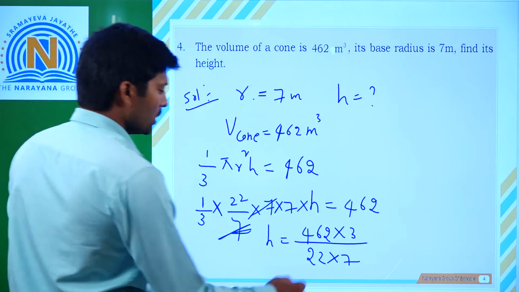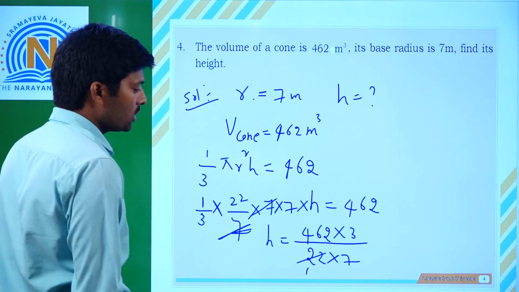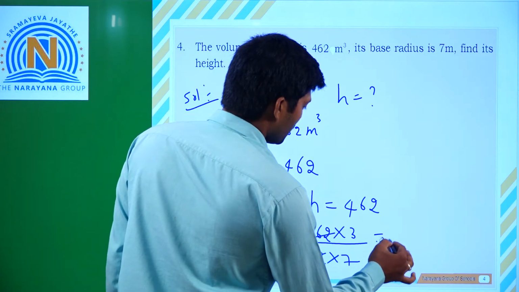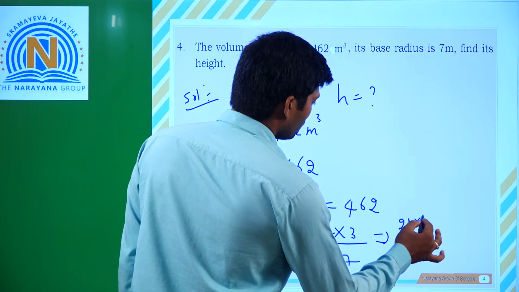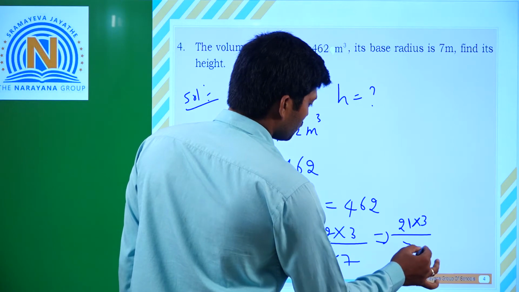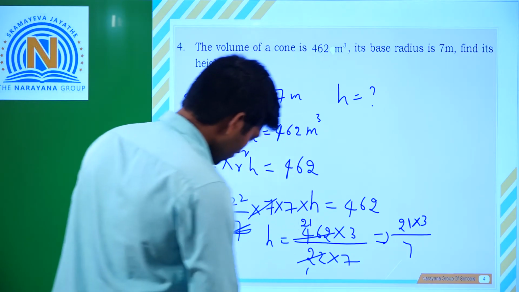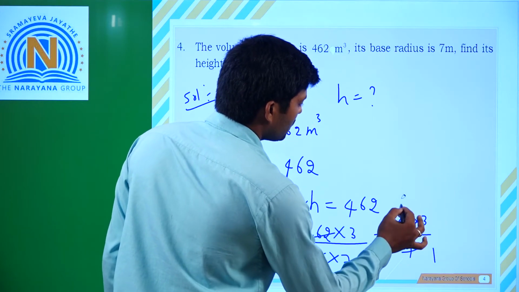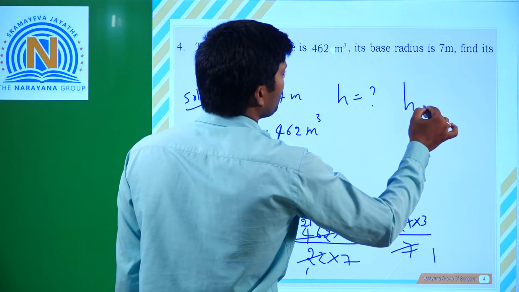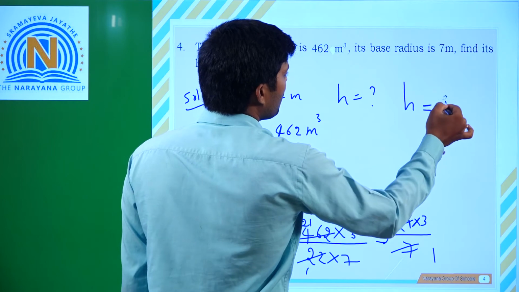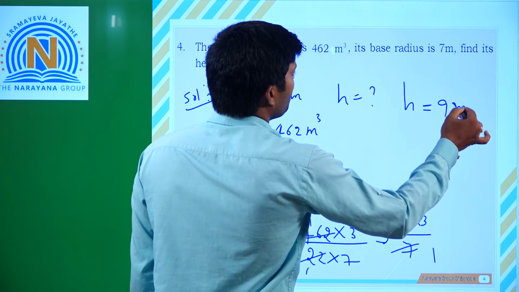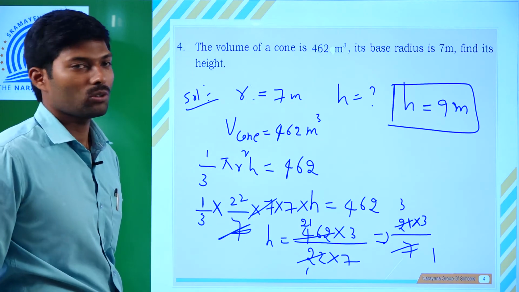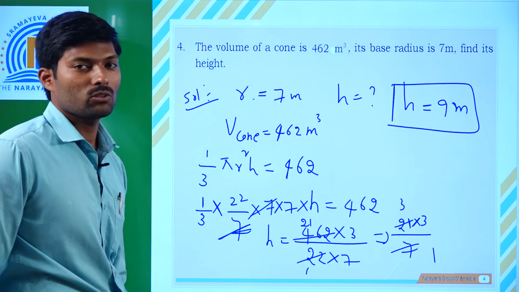Here how many times? 22 21s are 462. So this can be written as 21 into 3 upon 7. So here it is 7 3s are 21. So that the height of the circular cone is 3 3s are 9 meters. So 9 meters is the height of the given cone whose volume is 462 meter cube.